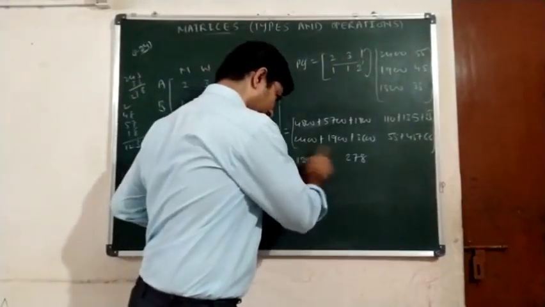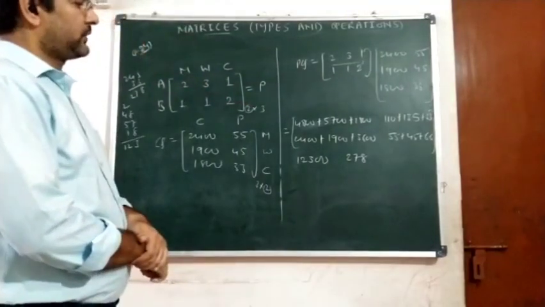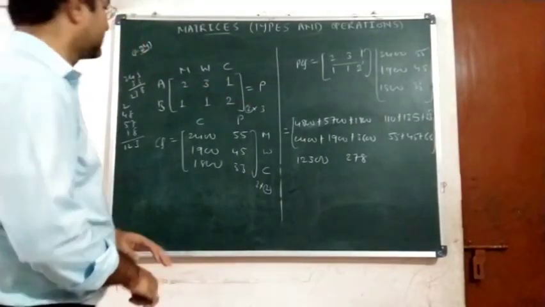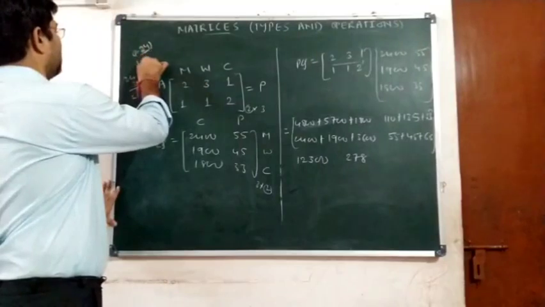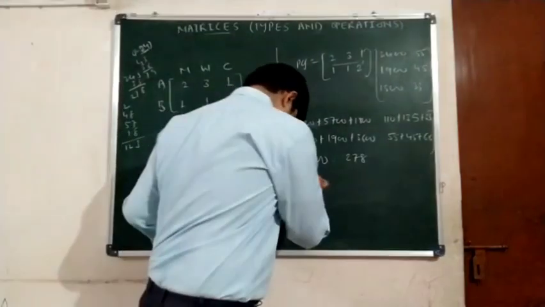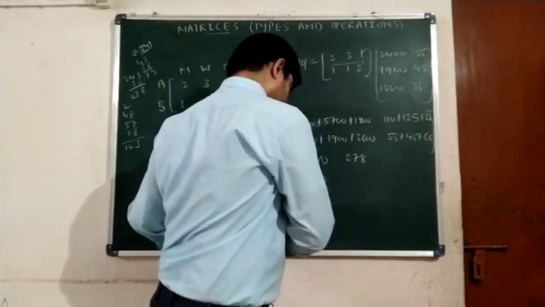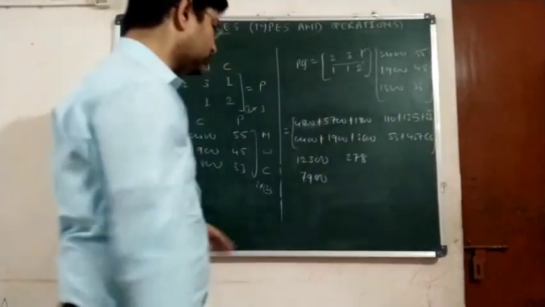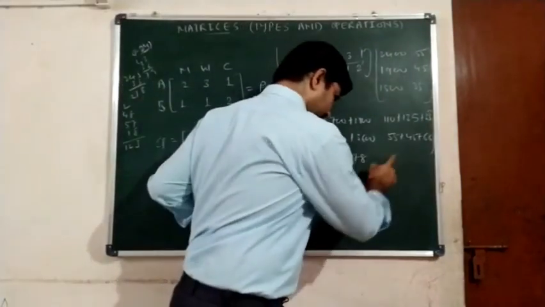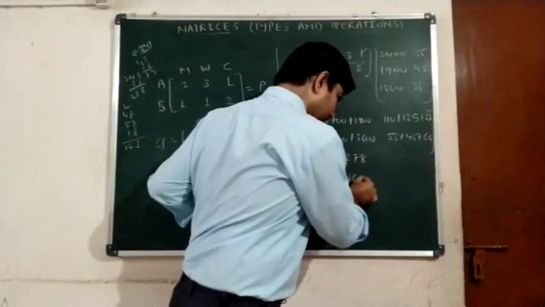And adding the other three numbers, 24, 19, 36, we get 7900. Yes or no? And adding 55, 45, 66, we get 166.